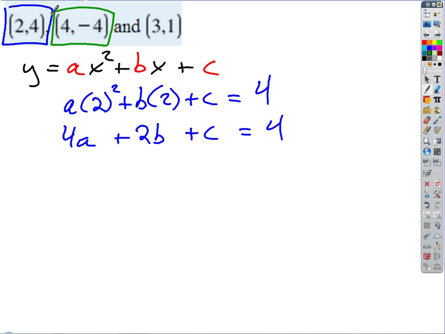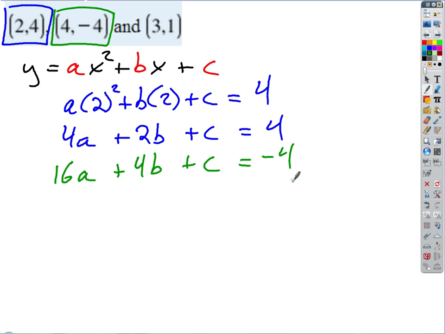If I substitute in x equals 4, what is this first term going to give me? 16a, isn't it? a times 4 squared, which we can simplify to 16a. What about the middle term? Plus 4b, right? I'm going to get b times 4, plus c equals negative 4.